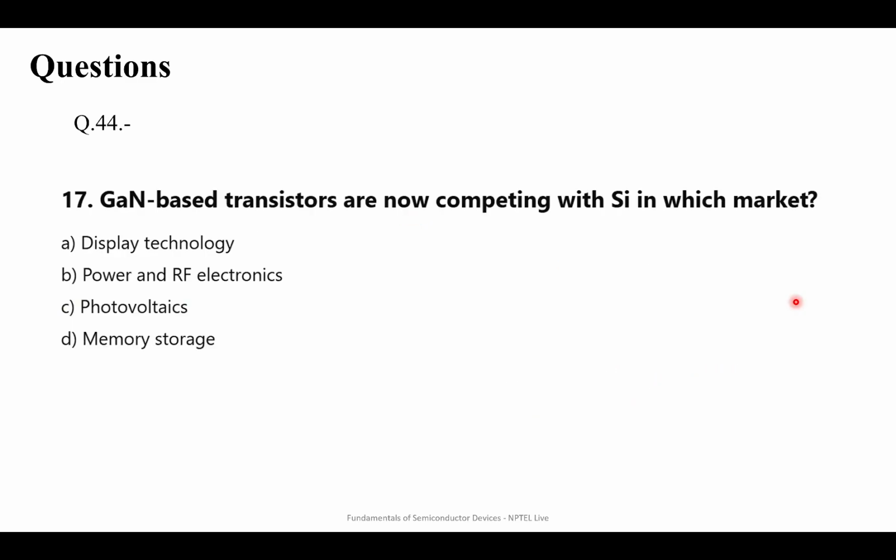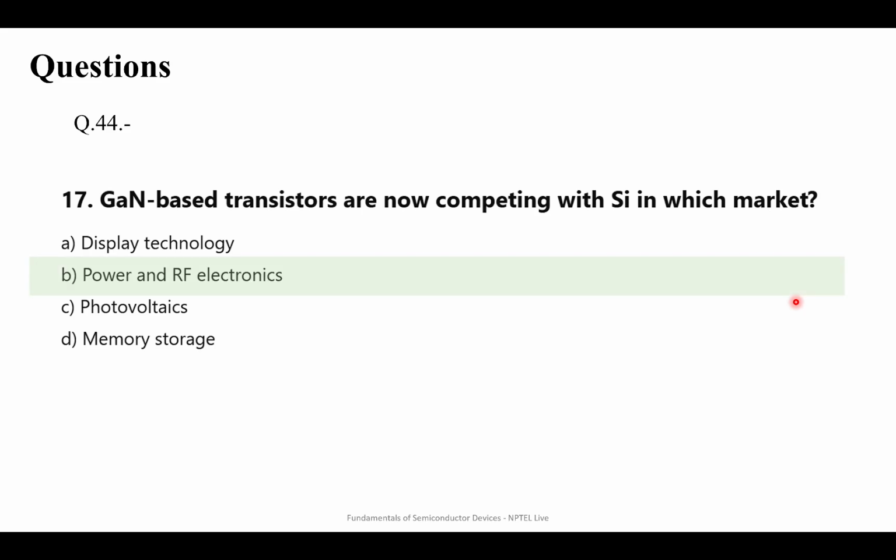GaN-based transistors are now competing with silicon in which market? Display technology, power and RF electronics, photovoltaics, memory storage. B, sir. Power and RF electronics. That is correct.